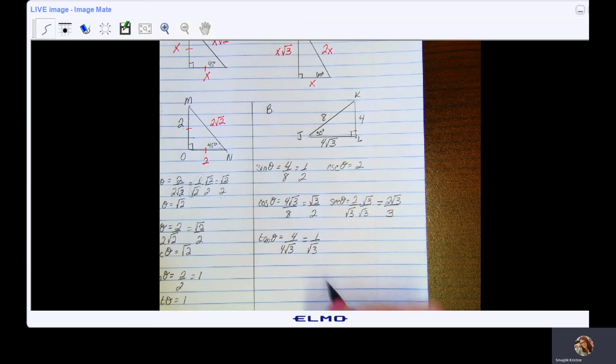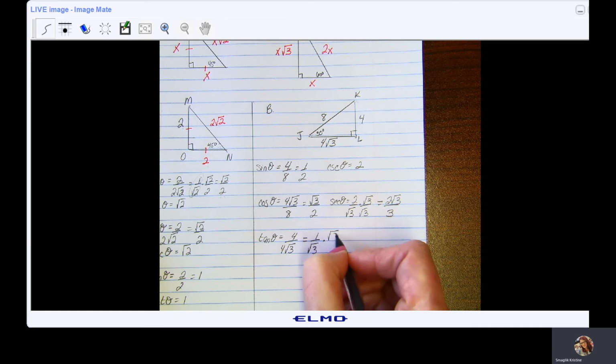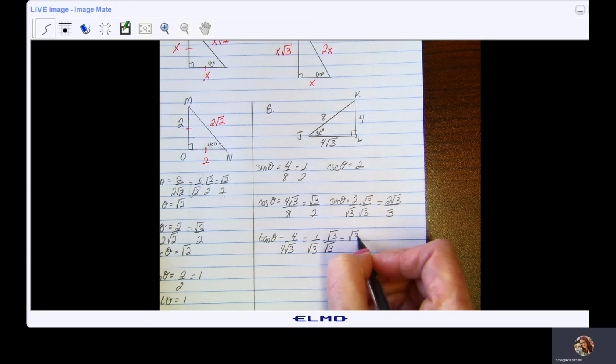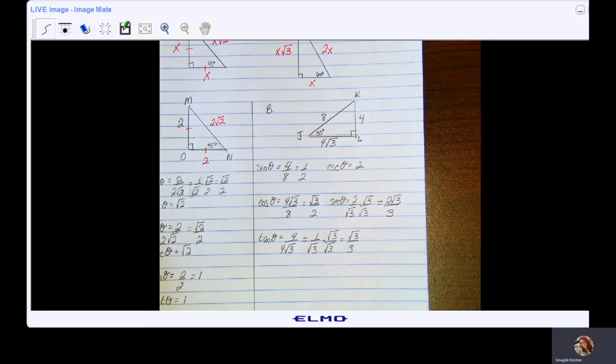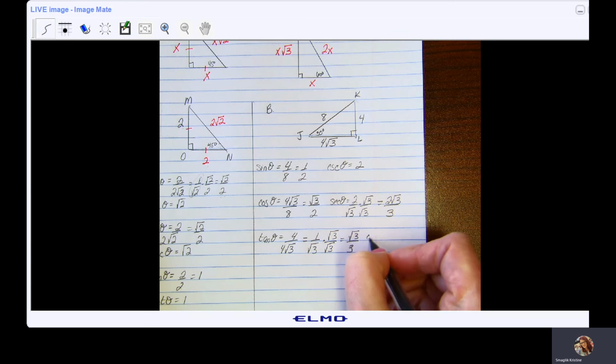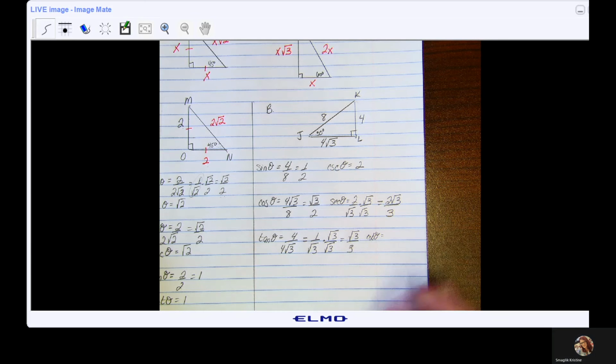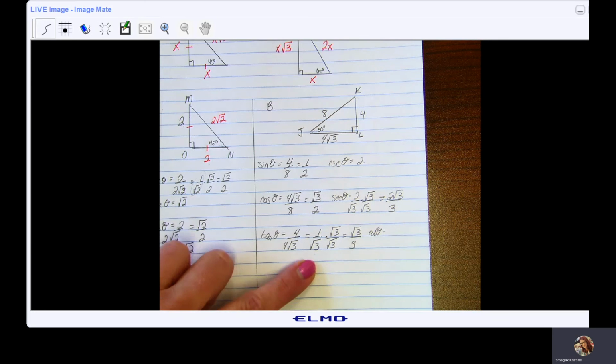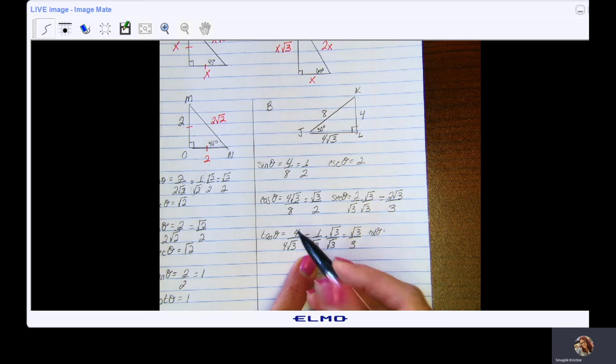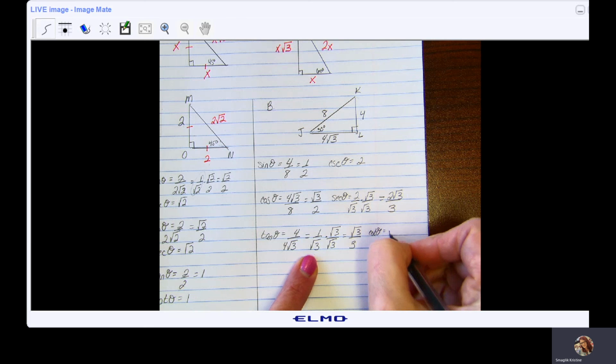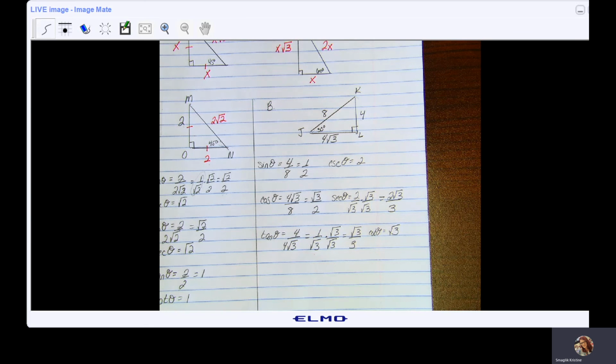We need to rationalize that denominator. And I get the square root of 3 all over 3. If I write the cotangent of theta, and again, I would just grab it right here. This is equivalent to if I just flip this, my 4's would still cancel. I get the square root of 3.